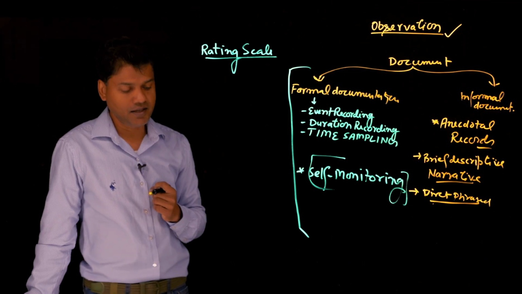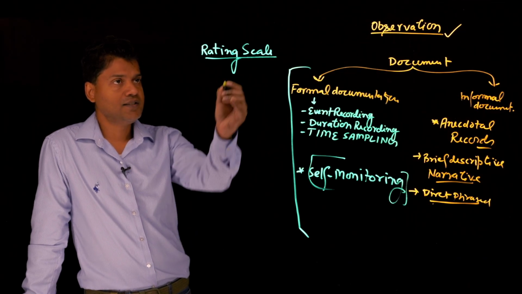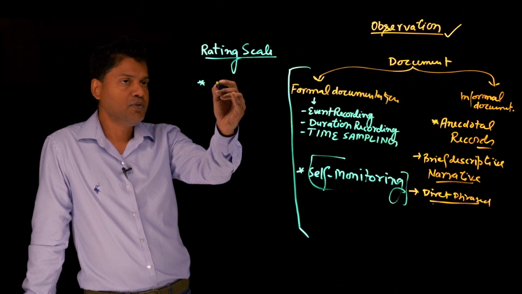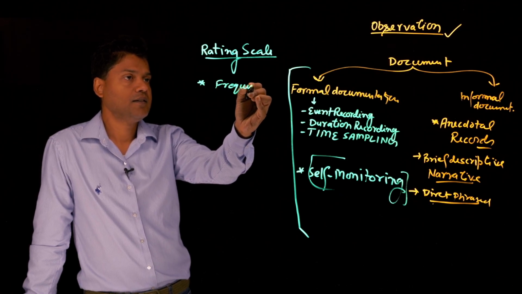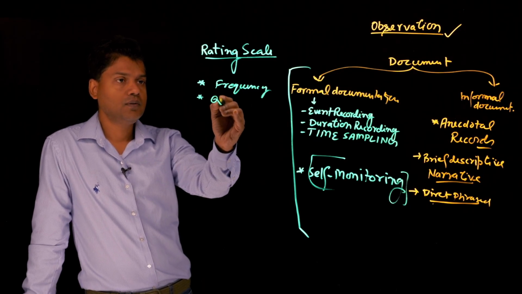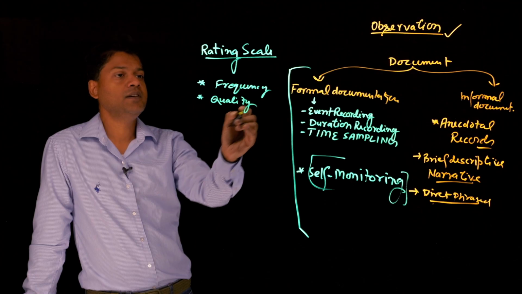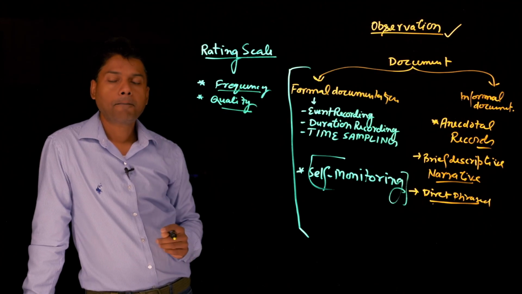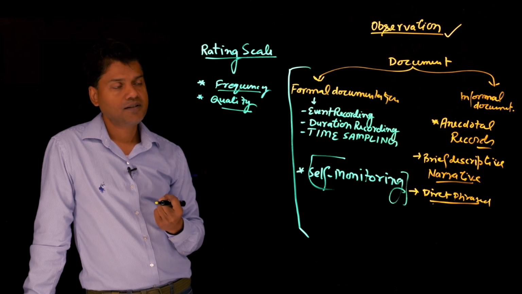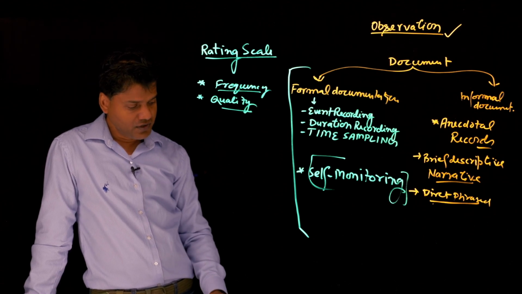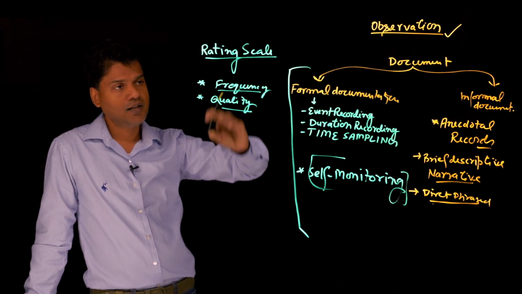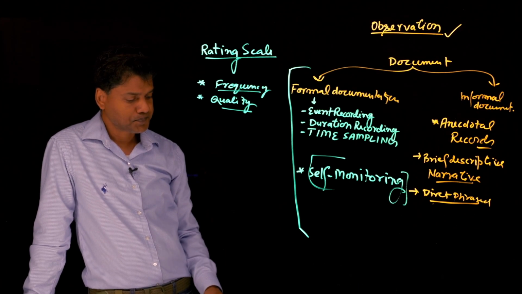In a rating scale, what you document could be the frequency of a behavior and also the quality of the behavior. So you describe the quality of the behavior, and also it could be the frequency of a behavior, and that's how you evaluate and observe a behavior.